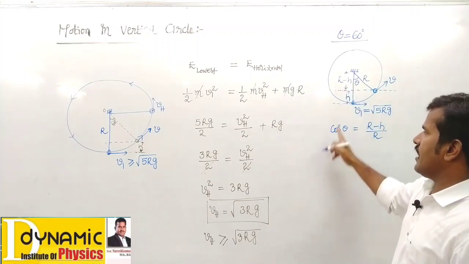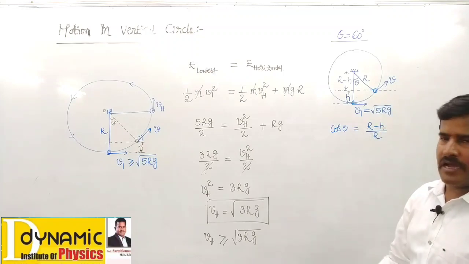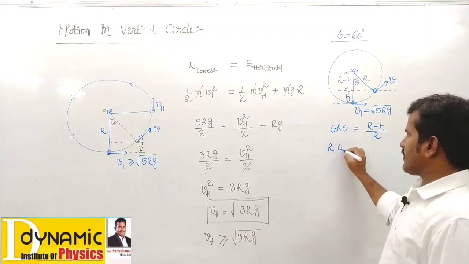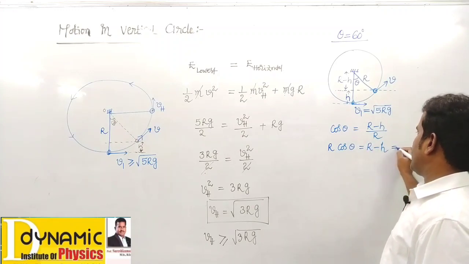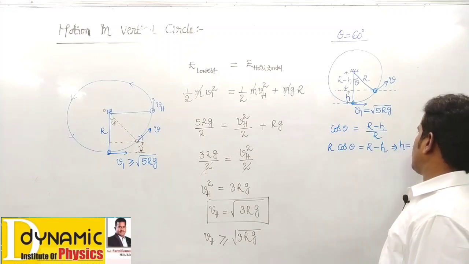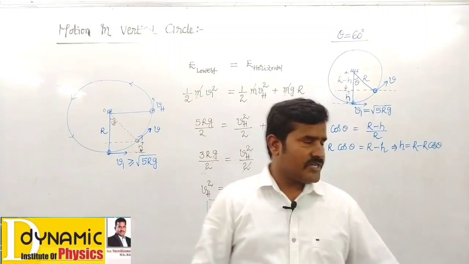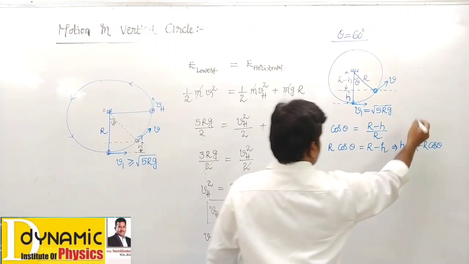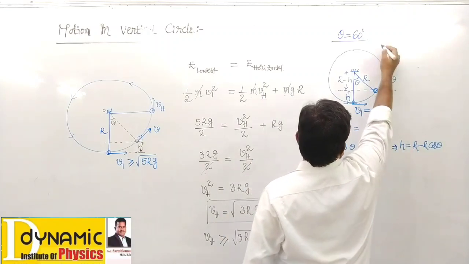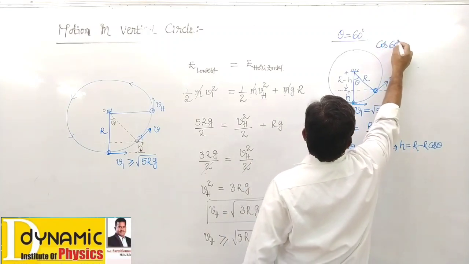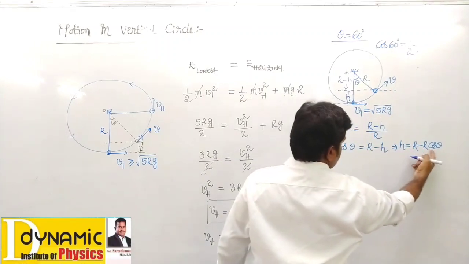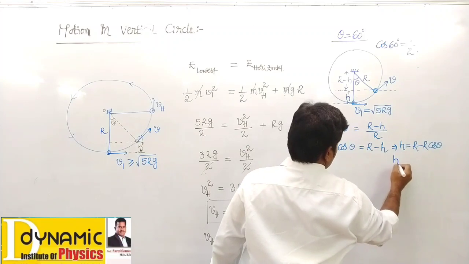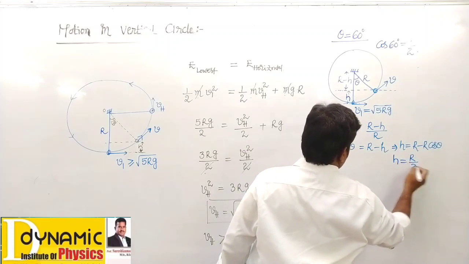So r cos theta equals r minus h, where h equals r minus r cos theta. Cos 60 is 1 by 2, so this is r minus r by 2, and h becomes r by 2.